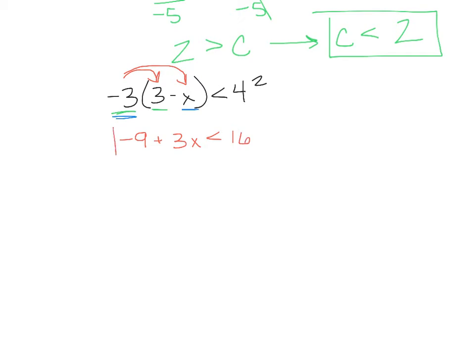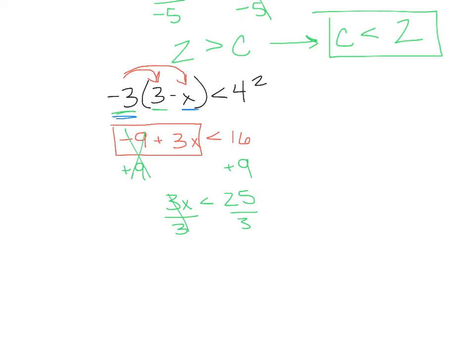Now I'm looking at my left side, and I've got to get my x by itself. So I need to move the negative 9 first, the constant. So I add 9 to both sides. These cancel. And I have 3x is less than 25. Last step would be to solve for x by dividing by 3.